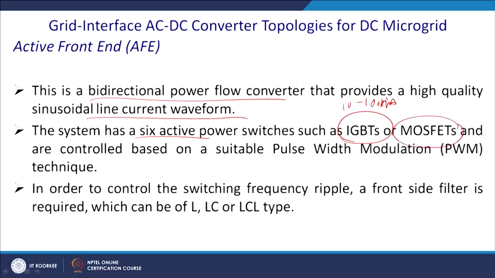And if it is a MOSFET, it is rather below 10 kVA, and generally we prefer, though I have written 10 here, above 5 kVA an IGBT instead of the MOSFET, and the control is based on a suitable pulse width modulation technique.